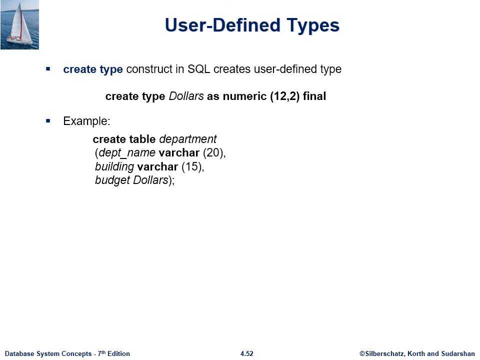We use dollars for how much, with this 12 and 2. Before the decimal there are 10 digits, correct. This is the idea of how to create a data type. Just one example for your reference.